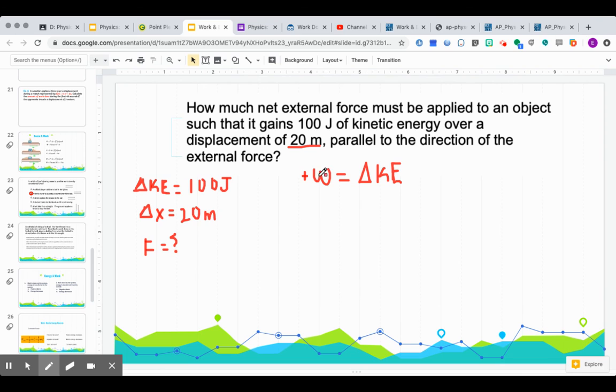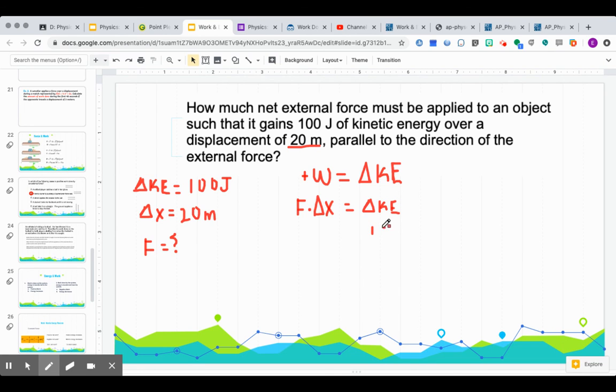To find that force, we need to plug in the definition of work. If the force and the displacement are parallel to each other, we can substitute in F times delta x, because cosine of 0 gives us 1. Now we just plug in our values.